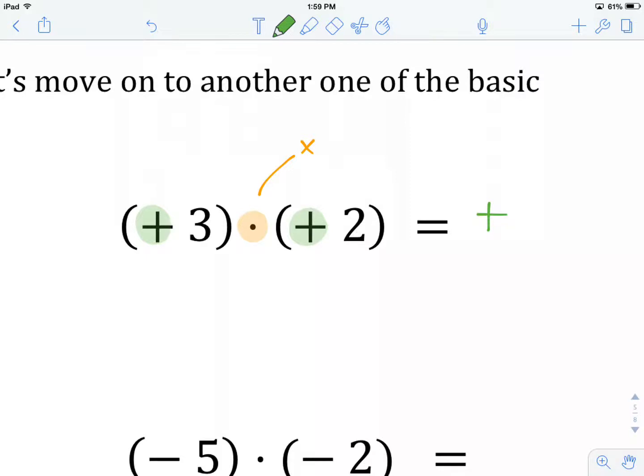So first I figured out the sign of my product. A positive times a positive gives me a positive answer, and 3 times 2 gives me 6. And that's how we go about multiplying integers that are both positive.